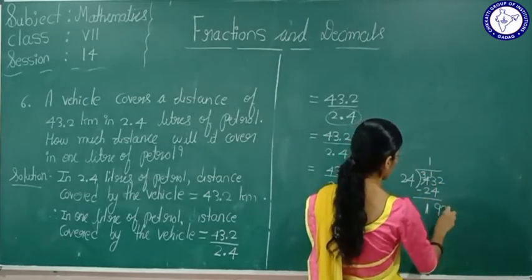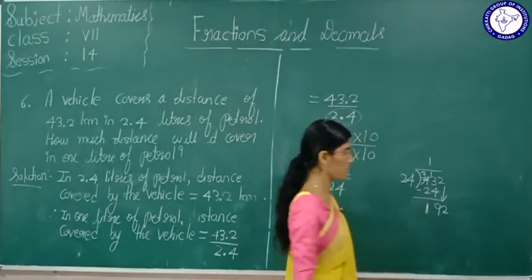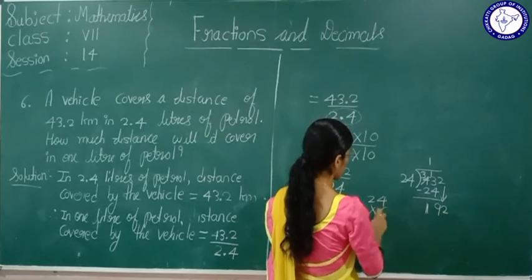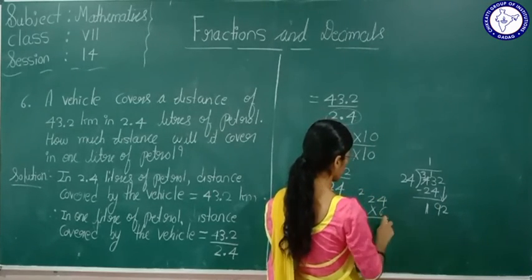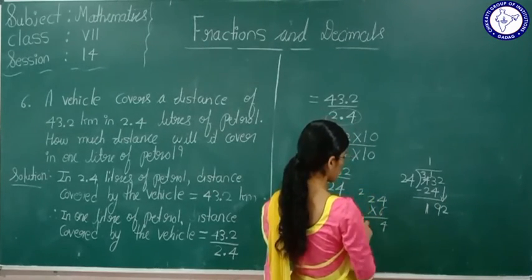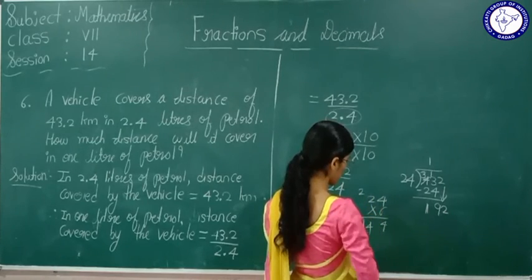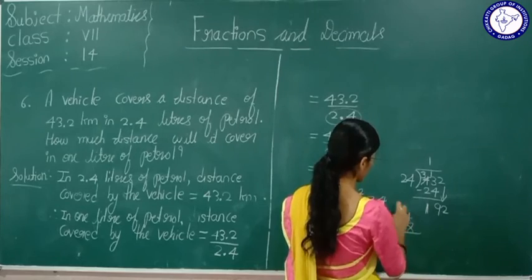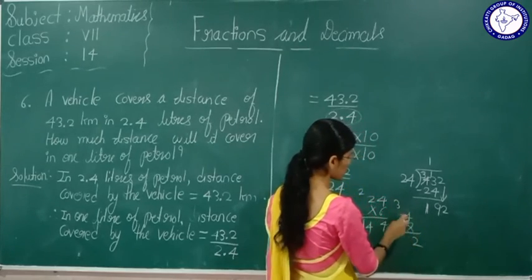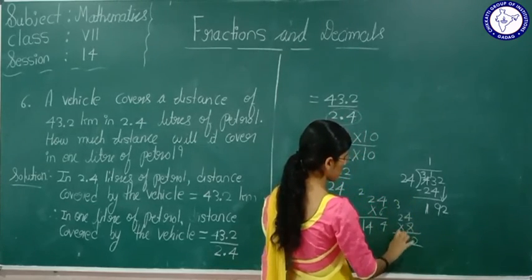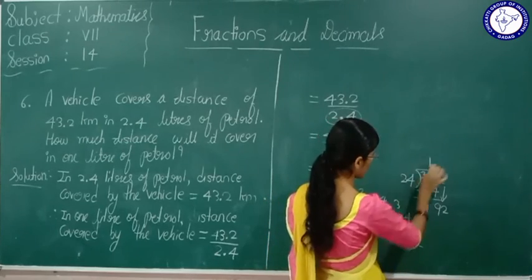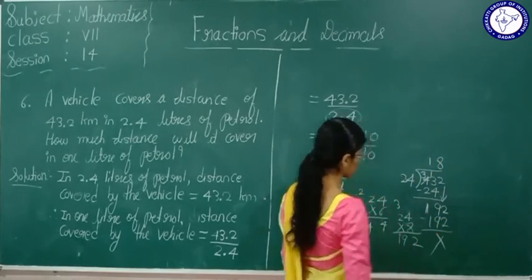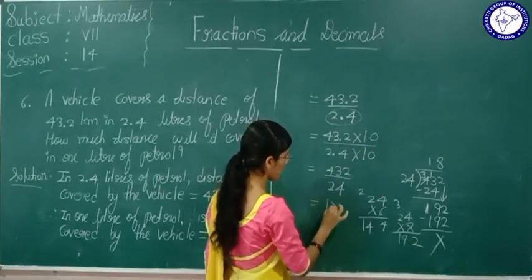It will be 192. Okay. Now 24 6s are what? 6 4s are 24, 6 2s are 12, 12 plus 2 is 14, it will be 144. 24 8s are 8 4s are 32, 8 2s are 16, 16 plus 3 is 19, it will be 192. So what is it? It is 18.